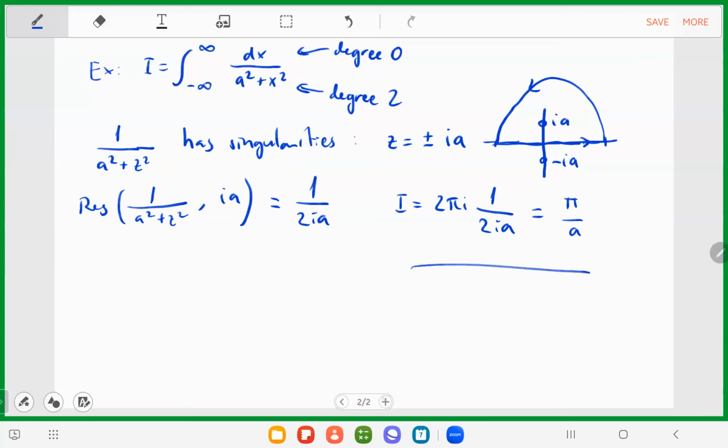Okay, let me start a new page. Now, this is another example where we have also polynomials, but the integral is only from 0 to infinity.